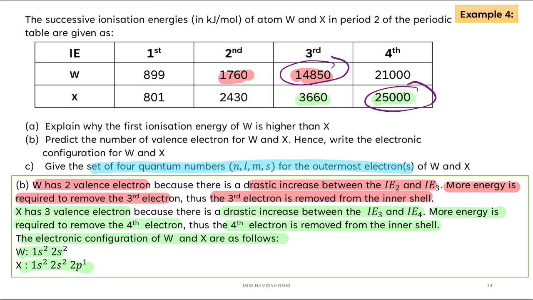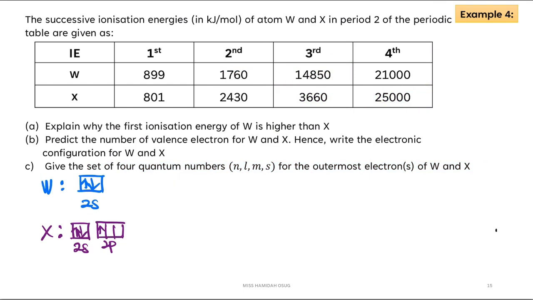Next, question C, you were asked to give the set of 4 quantum numbers n, l, m, and ms for the outermost electron of W and X. So, ini adalah outermost electron bagi W dan juga X. Kalau kita tengok, W ada 2 outermost electron. Jadi, for W, the n is equal to 2, the l is equal to 0 and 1, tapi sebab dia s orbital, jadi l dia sama dengan 0.